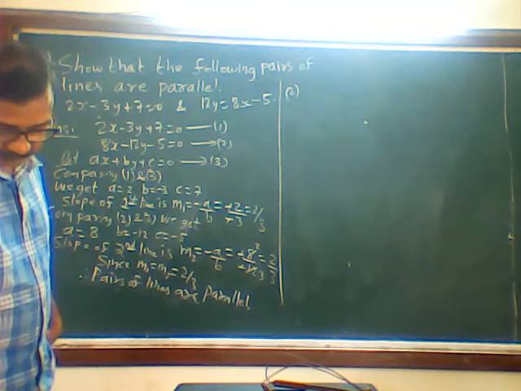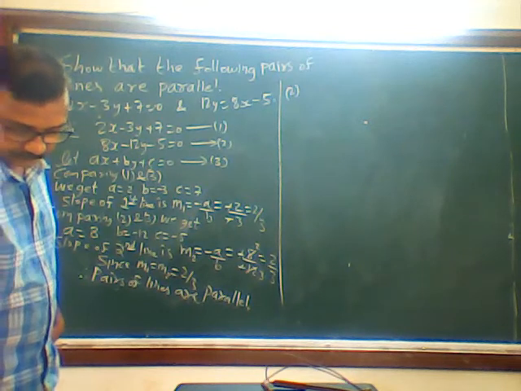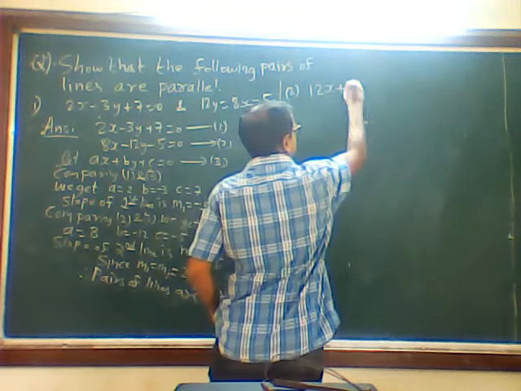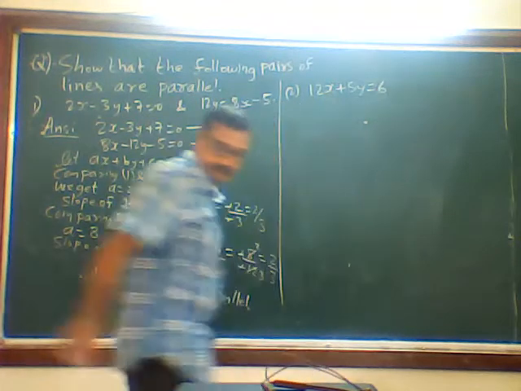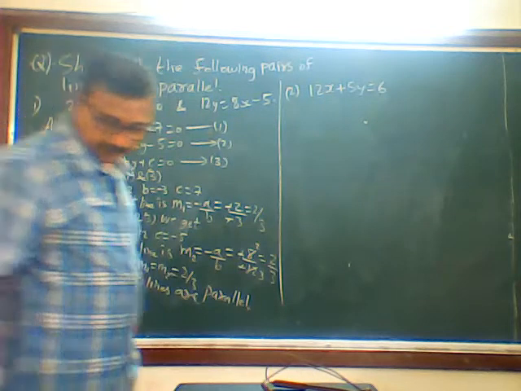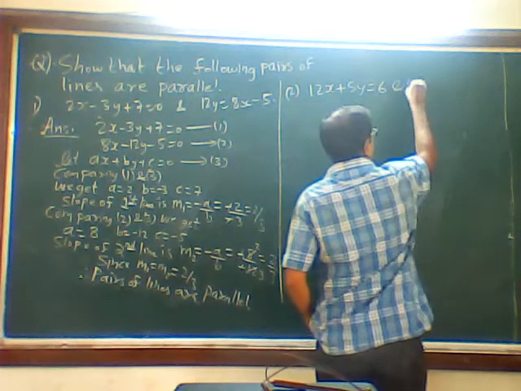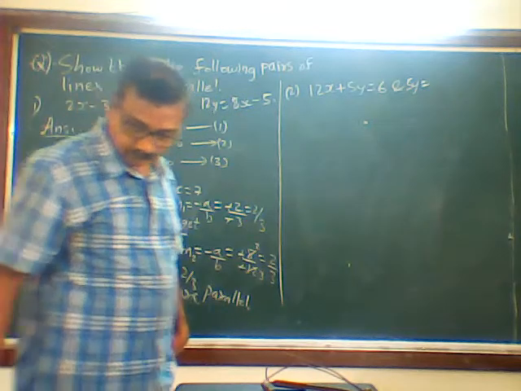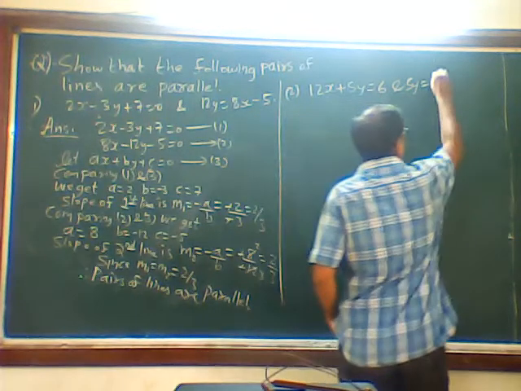Next I will write it as 12x plus 5y is equal to 6, and 5y is equal to 4 into 2 minus 3x.